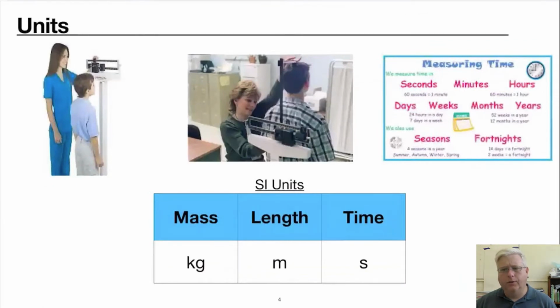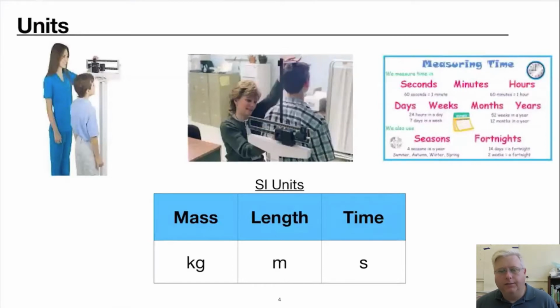All right, and so in order to perform measurements, every quantity has to have a unit. Okay, so we can't just say that you weigh 120. Well, 120 what? Kilograms? No. Pounds, stones, slugs.